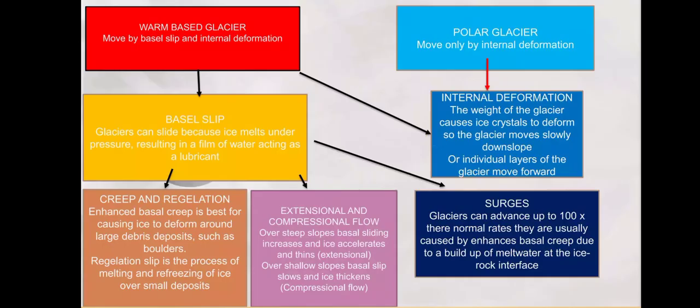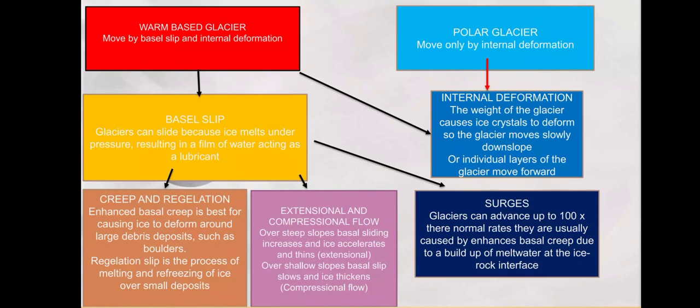Next, we have here the warm-based glacier and polar glacier. When we talk about warm-based glacier, it is moved by basal slip and internal deformation. As you see, we have here the arrows. The first arrow, basal slip: glacier can slide because ice melts under pressure, resulting in a form of water acting as a lubricant.